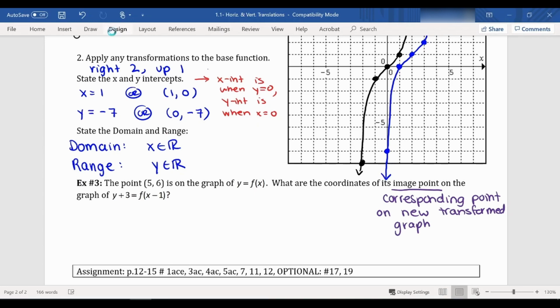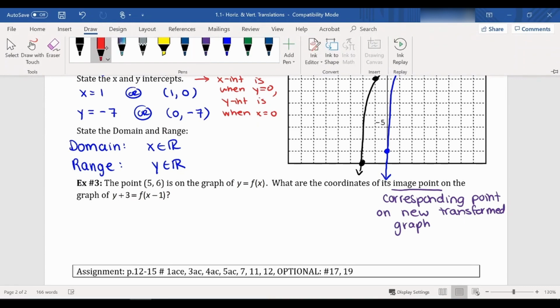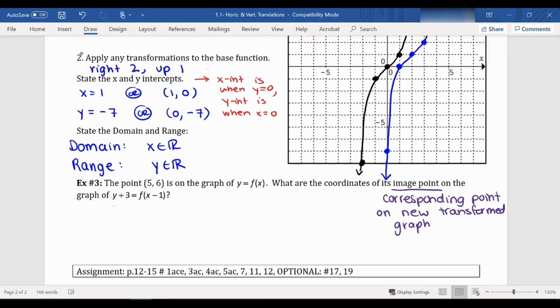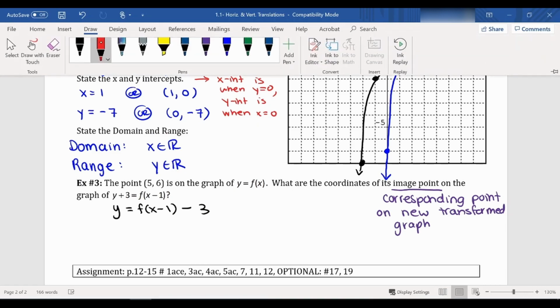So we see that, oh, my computer's thinking for a moment. We see that we have this new written way where we've got the +3 on the left side with the y. So I'm going to choose to rewrite this as f of x minus 1 minus 3, because I like to look at it that way instead. You do not have to do that. Okay.